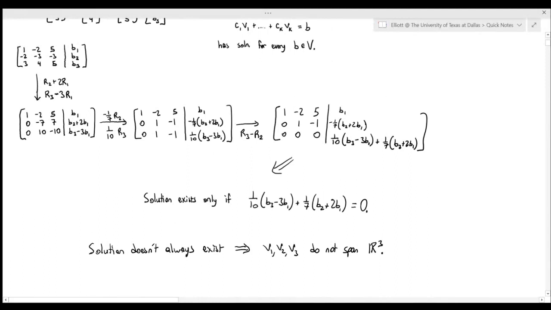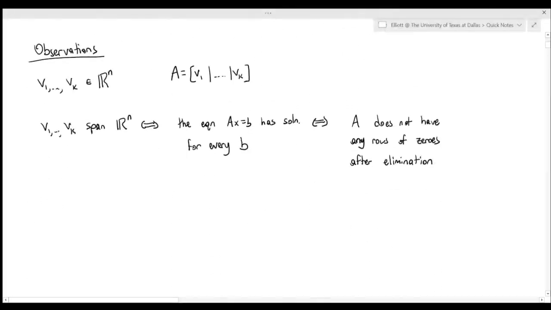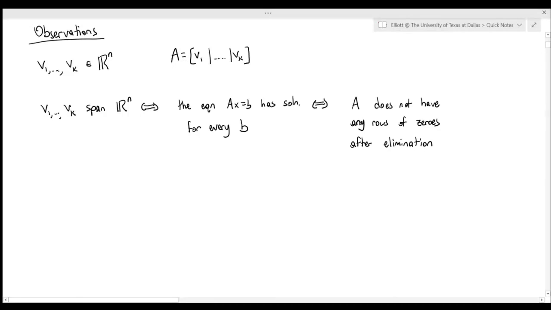And then one final way that you can rephrase all of this is to not have a row of zeros would mean that you'd have a pivot in every row. So if I want to think of it in terms of pivots, we can say that the vectors will span Rn if and only if this matrix A has a pivot in every row.